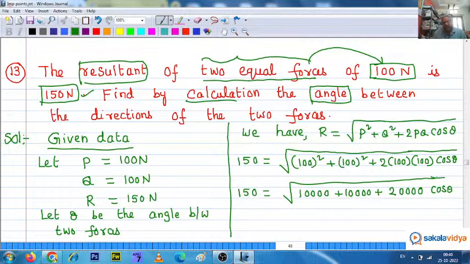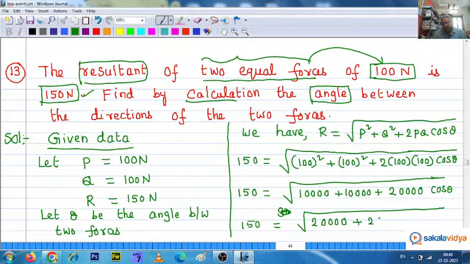Now, what shall we do now here? Squaring on both sides. Sorry, let us simplify. 150 equals square root of 10,000 plus 10,000 plus 20,000 cos theta you will be getting, right.